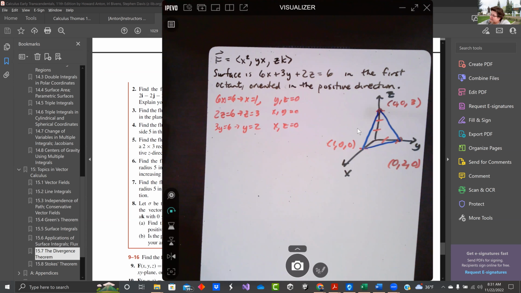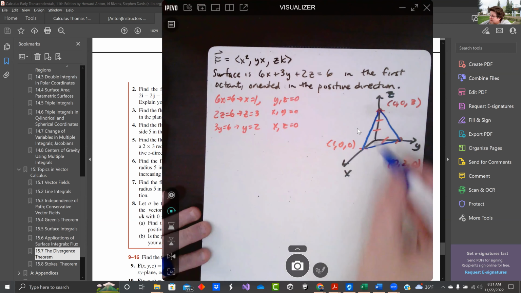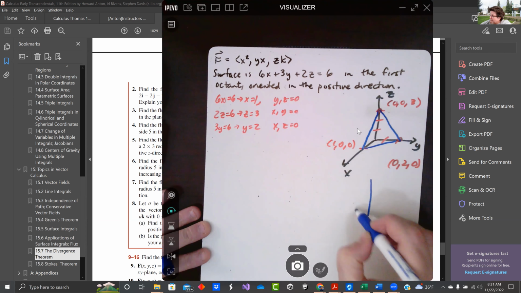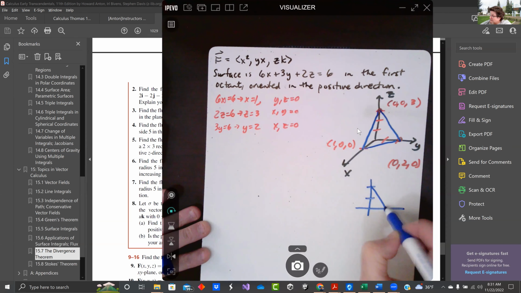If we want to project it onto a plane, the easiest choice would be to project it onto the XY plane. So if I look at that XY plane, I have a 1 and then a 2. This is the XY plane.